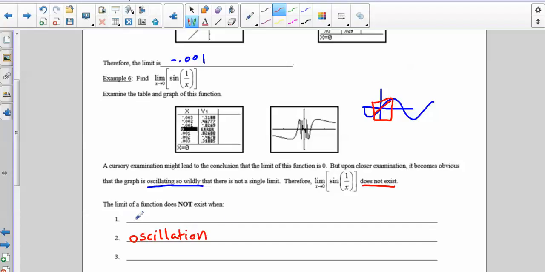All right, I saved number 1 for our most common reason why a limit would not exist, which is that you're approaching different values from the left and from the right. So the limit does not exist when the left-hand limit does not equal the right-hand limit.